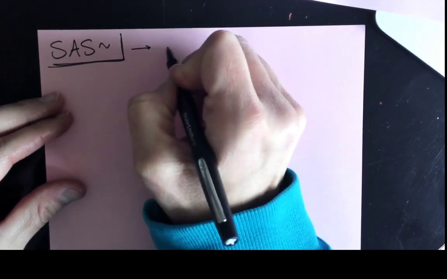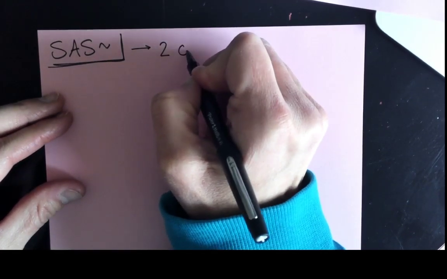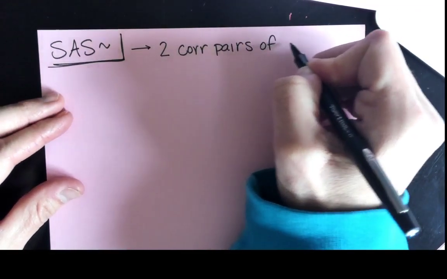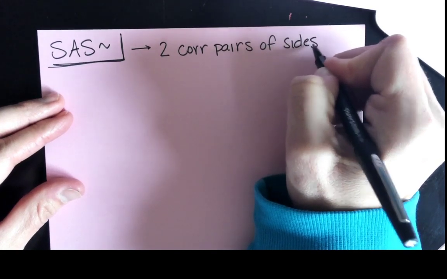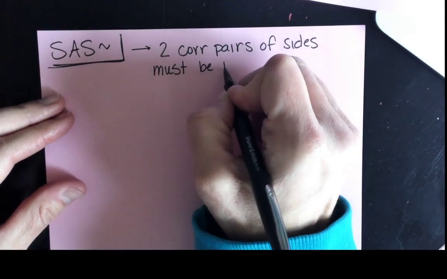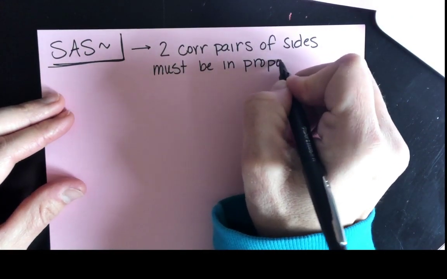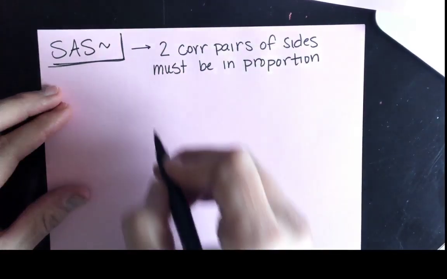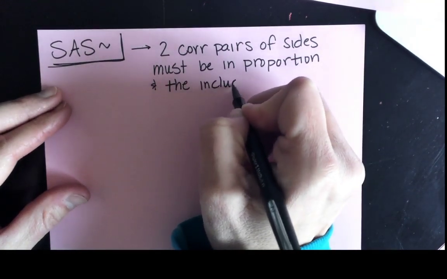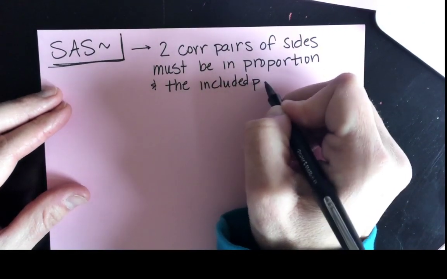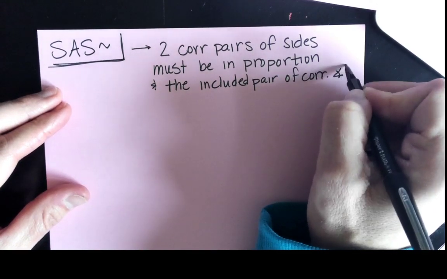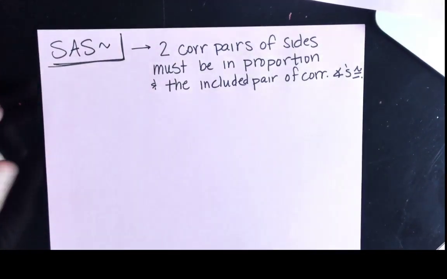And this says two corresponding pairs of sides must be in proportion, and the included pair of corresponding angles must be congruent.